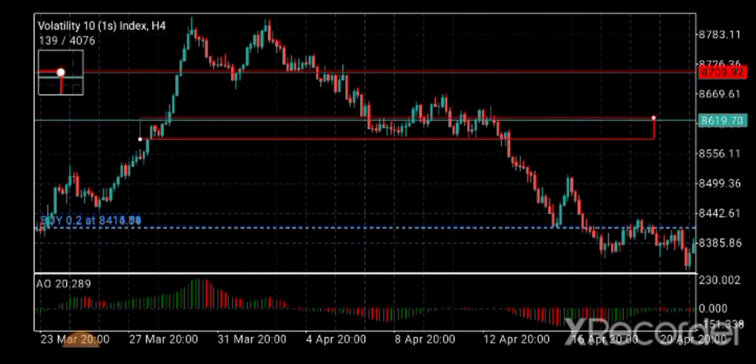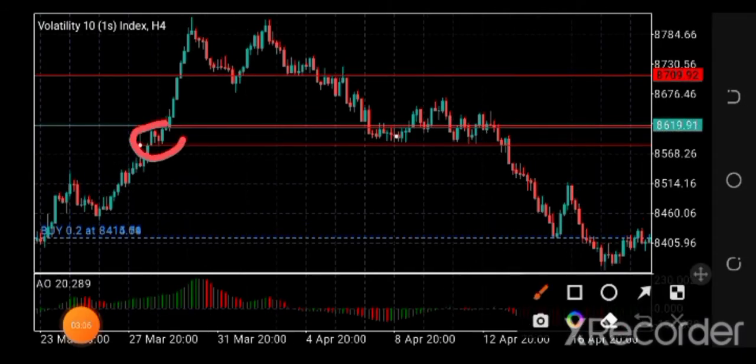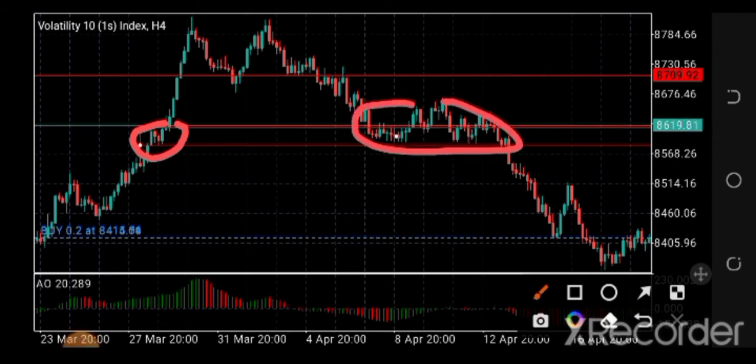You can see that something happened earlier here, and it continued here, the same thing that happened even here. That area was respected. So if you entered your trade from here, this would have acted as your first support, and you watch what will happen when it reaches this area here.